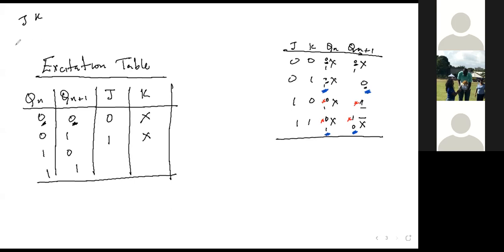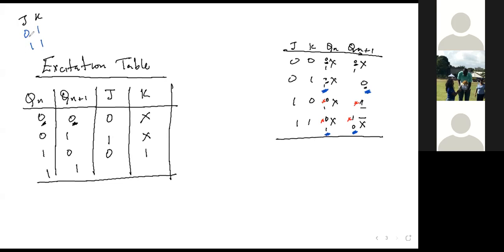For that, the blue ones, this is 1 and 0, so J is 0, K is 1, and 1 and 0, J is 1, K is 1. So the table will have K as 1 and J as 0.